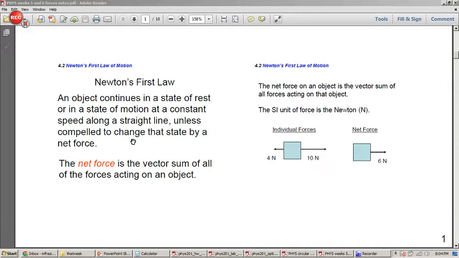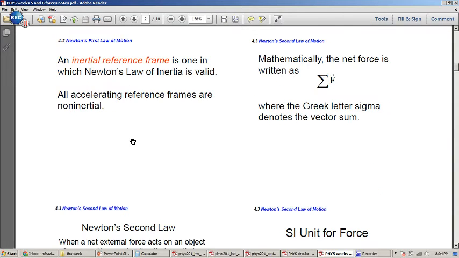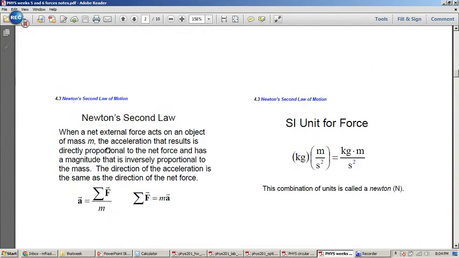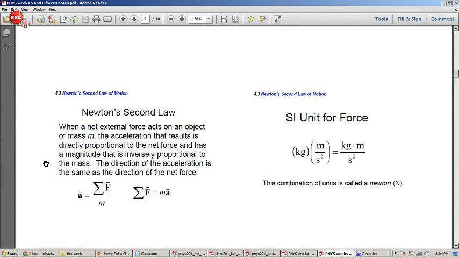If the velocity is constant, then the acceleration is 0, because delta v is 0. And the acceleration is going to be a function of the force. It's going to be the force divided by the mass. So let's go down to Newton's second law here. When there is a net external force on an object, when you can identify a net force, the acceleration caused by that net force will look like the sum of all the forces on the object divided by the mass.